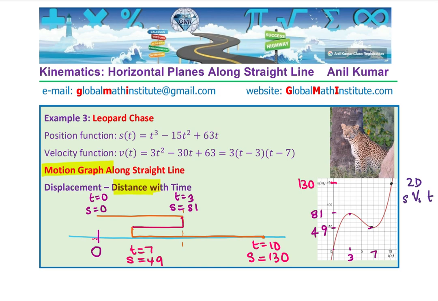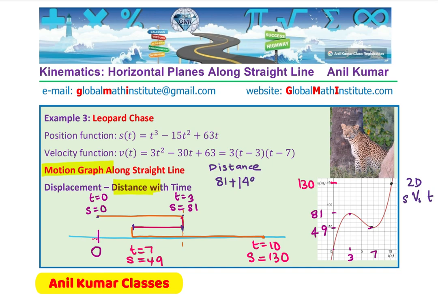Now distance is always positive. So we first add from 0 to 81, so that is 81 plus. We'll add this distance. How much is this distance? This distance is 49 minus 81, right? Absolute value of 49 minus 81.